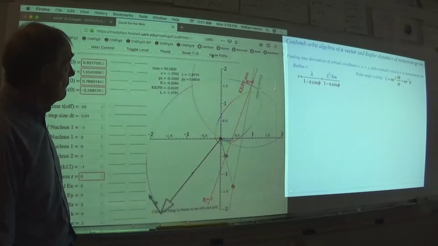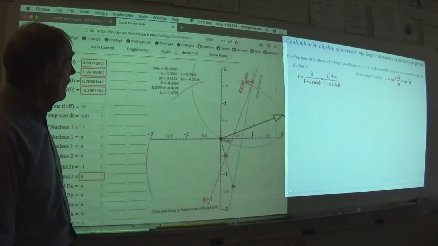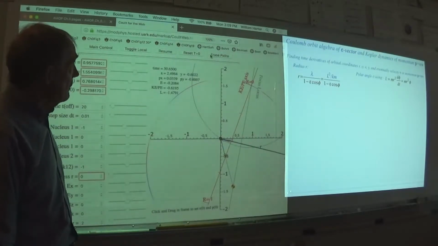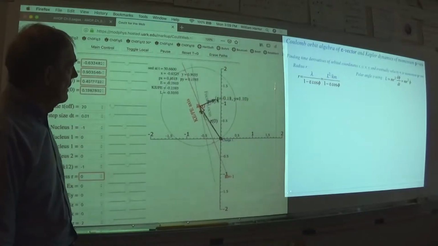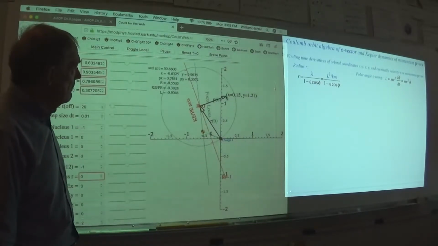And obviously you very often want to erase the paths if you want to start over, or pause and erase the paths, and just pick any old point out here, and build.